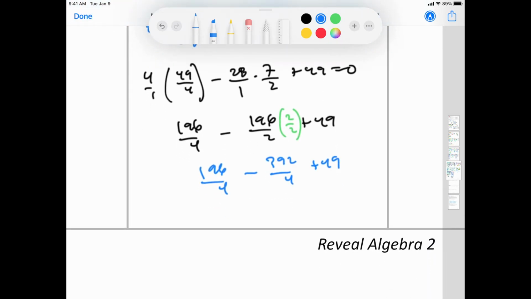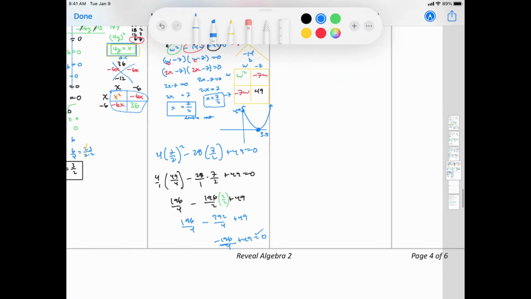And 196 minus 392, that's negative 196 divided by 4 gives me negative 49, which equals 0. Boop.